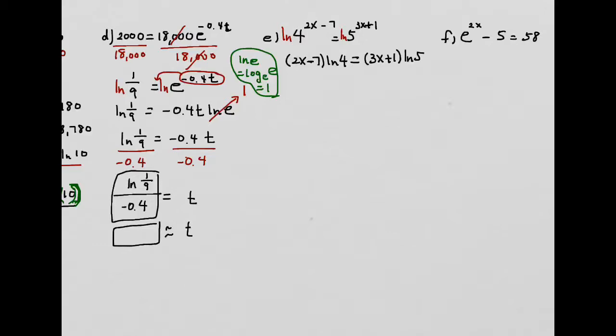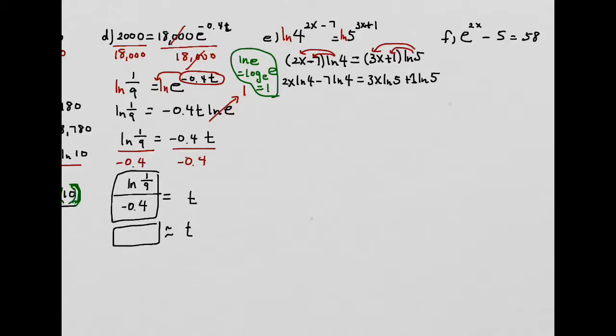And when you open the parentheses by distributing one term into two terms, you do that to the other side too. Then you end up getting 2x ln 4 minus 7 ln 4 on the left side. Right side, 3x ln 5 plus 1 ln 5.